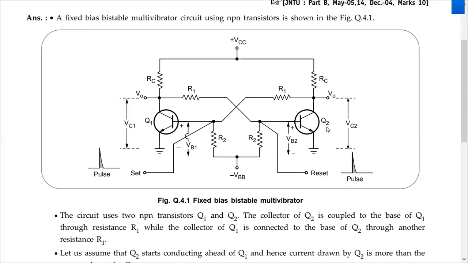So how to turn it off? The trick is we give a negative voltage to the base, and that will turn it off. So instead of giving negative to the base, what voltage can we give to the emitter of the NPN transistor to get the same functionality, to turn off Q2?